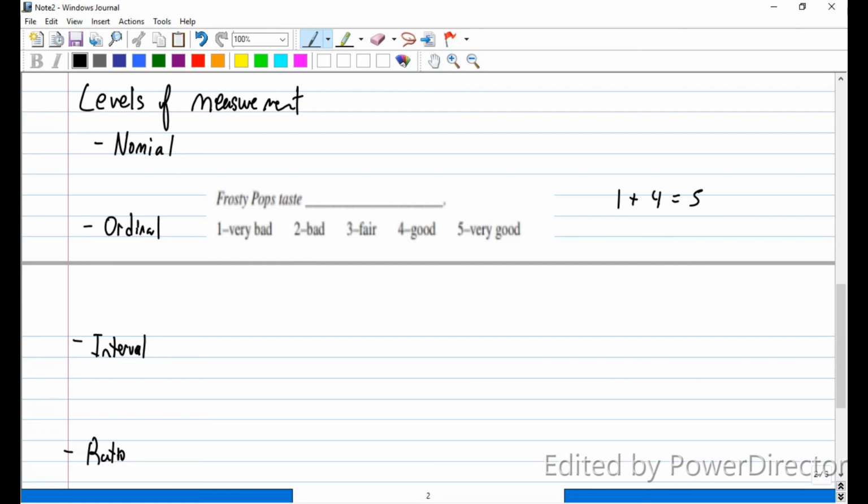But ordering the data would make sense. We could understand that if I was to give this question to 28 people in the classroom, and I saw that the first 20 answers after ranked were 1, then it's probably not a very good treat or cereal or whatever that is, that Frosty Pops. Maybe it's a popsicle. I don't know. That's the ordinal level.